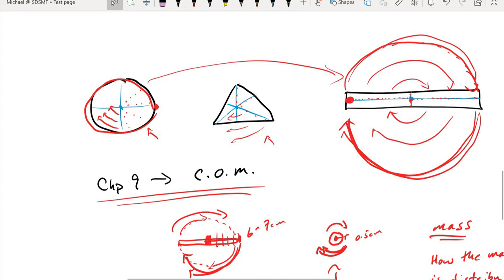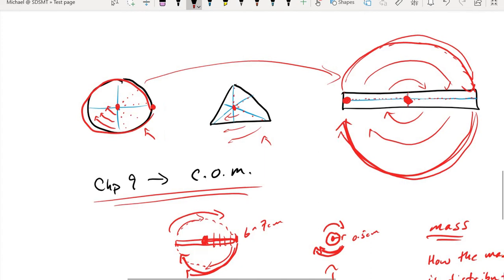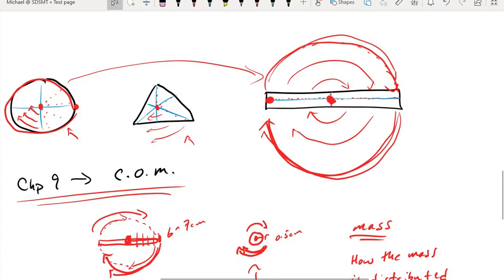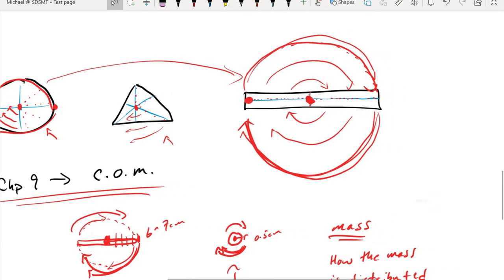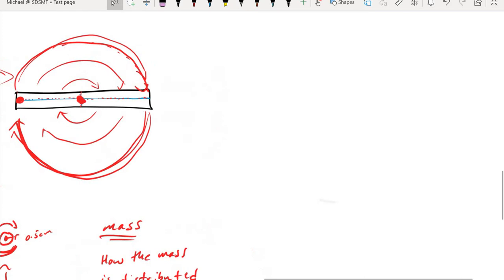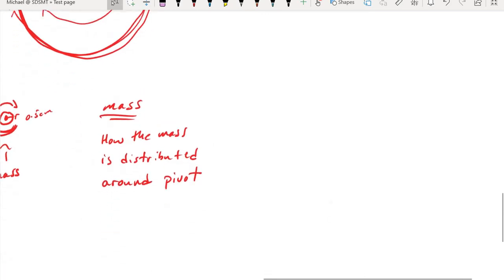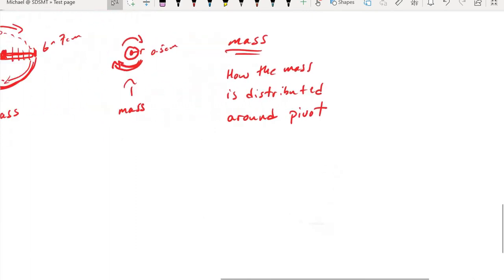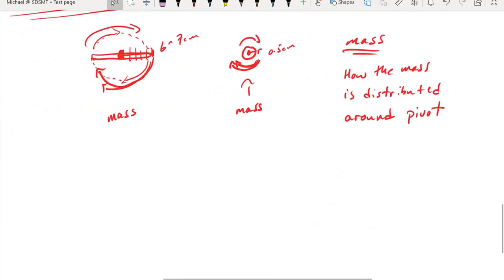But center of mass, that's only the first step. The center of mass really just tells us where the pivot point for each of these objects is going to be. It doesn't entirely tell us how that mass has been distributed through the system. So since we're going to add up the influence of all of these individual pieces of mass, we're going to start with a summation, because we're adding things up.